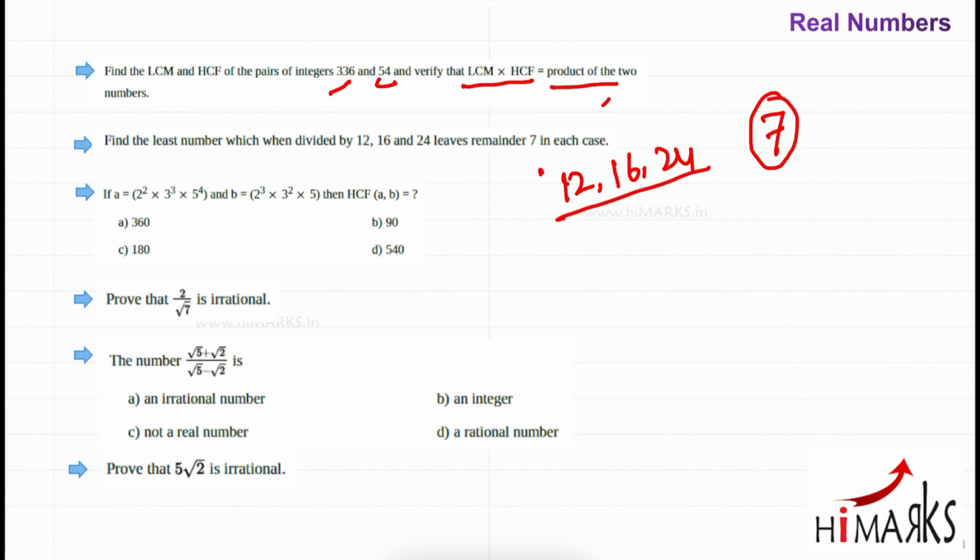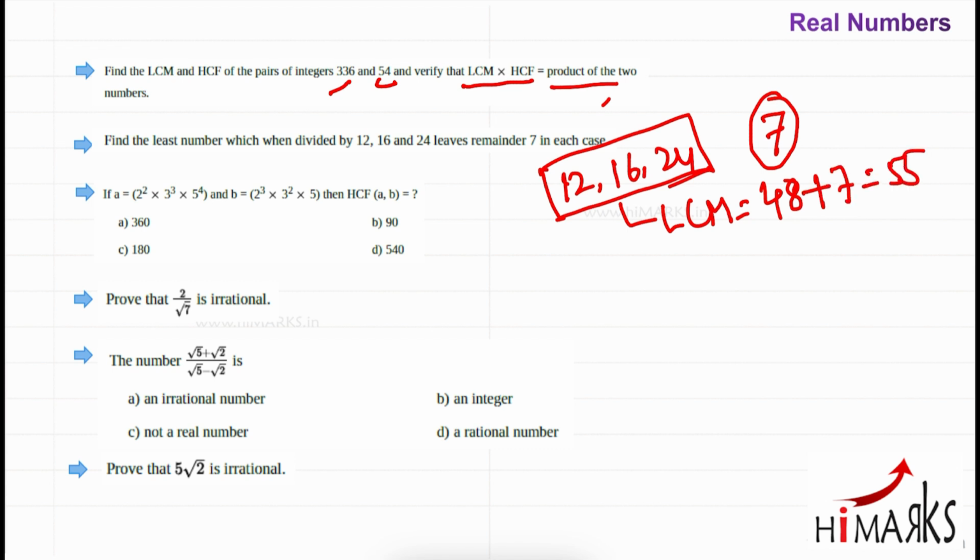For these three you have to find the LCM first, and this LCM will be 48. So 48 plus 7 is 55. If you divide 55 by 12, 16 or 24, every time you will get a remainder of 7. So this is an LCM word sum.